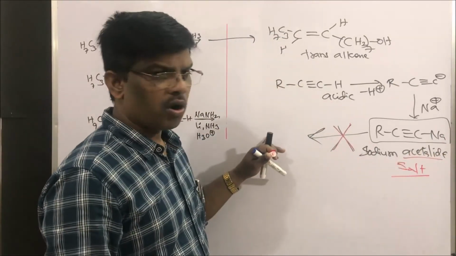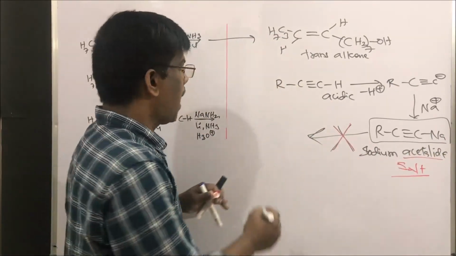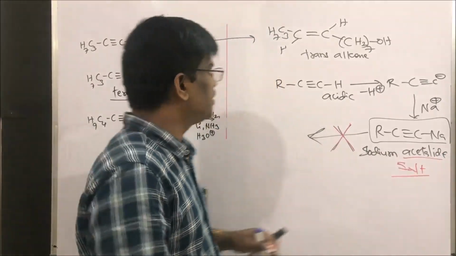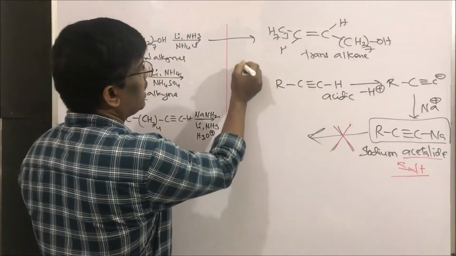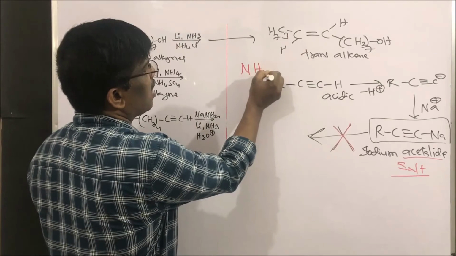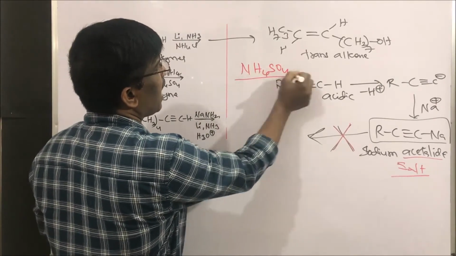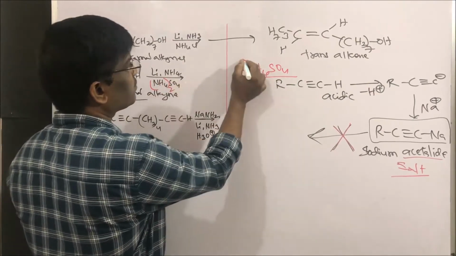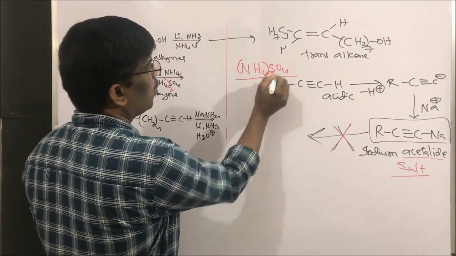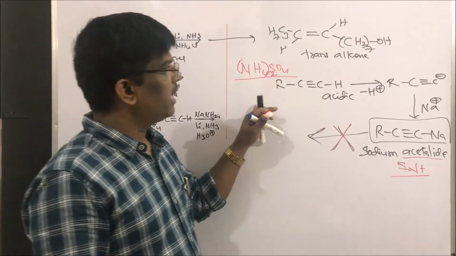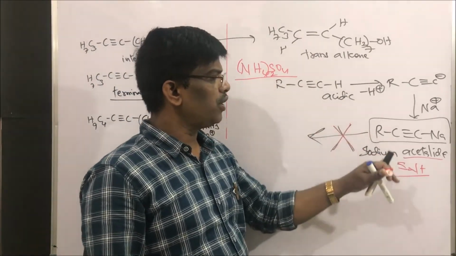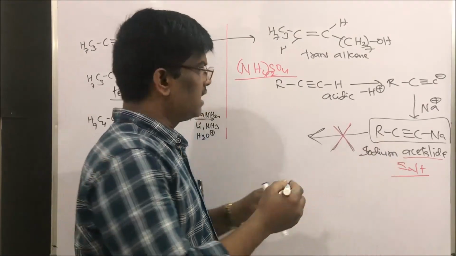So there will be no product. However, this can be overcome by the addition of ammonium sulfate. If I add ammonium sulfate, I am going to get this product, the further reaction.